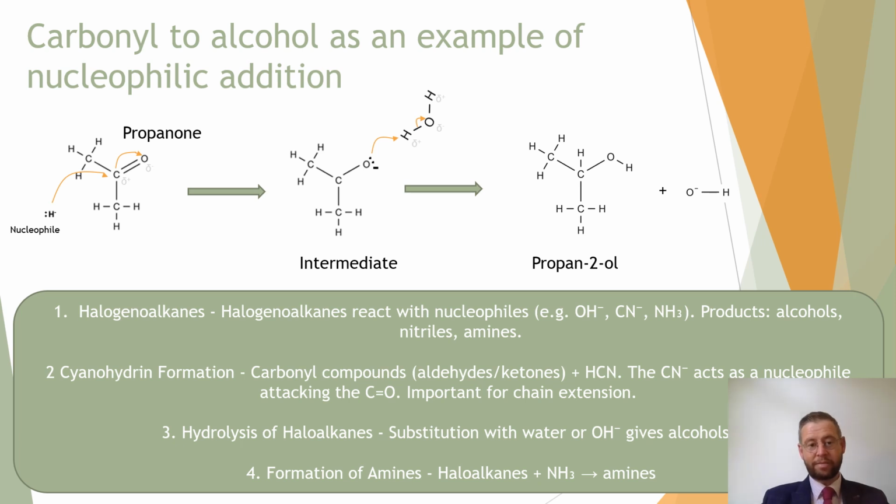So that's something that we probably did in year 12. This cyanohydrin formation, carbonyl compounds getting longer with hydrogen cyanide, that's a very good example of nucleophilic addition. It's the one we looked at before. The hydrolysis of haloalkanes, substituting with water OH gives alcohols, and the formation of amines. So these are four different places in A-level chemistry where we need to be able to understand and apply nucleophilic addition.